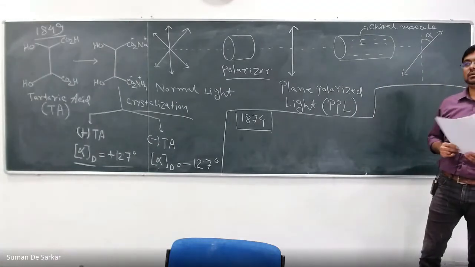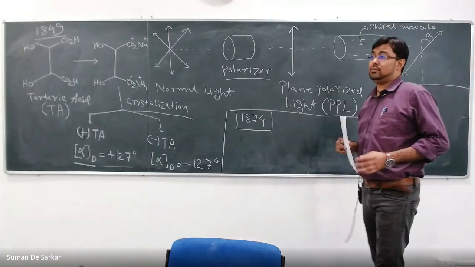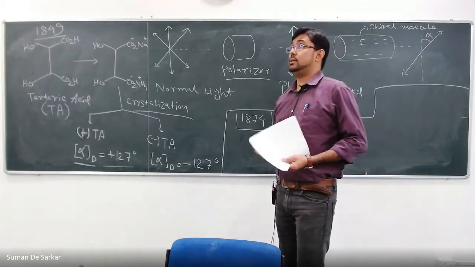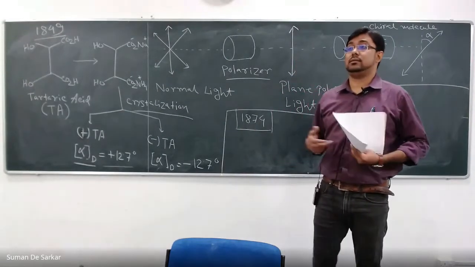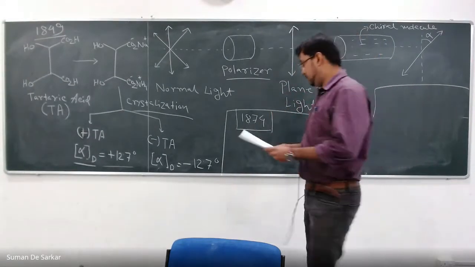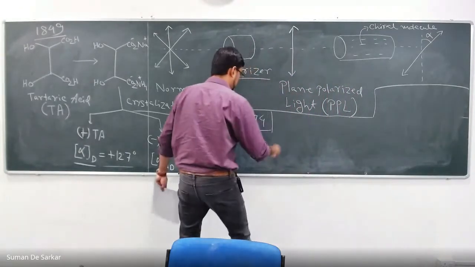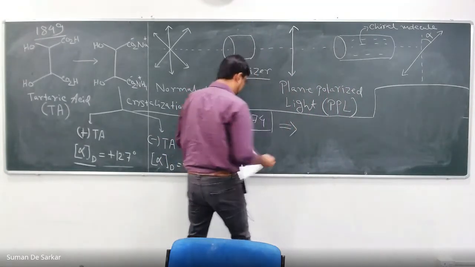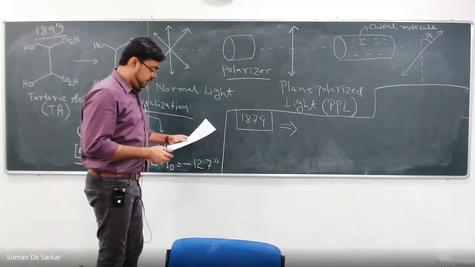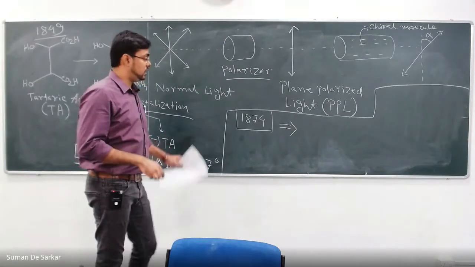They finally came up with some theory, or we can say it was basically a hypothesis that probably this is happening. So let me write that. Basically, they gave 2 statements. They said that carbon with 4 bonds is tetrahedral.